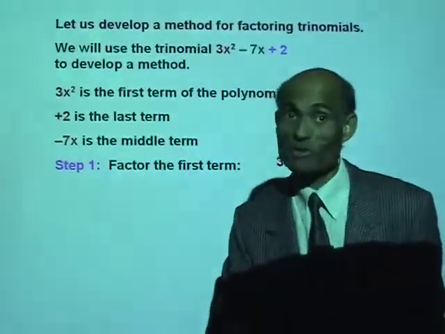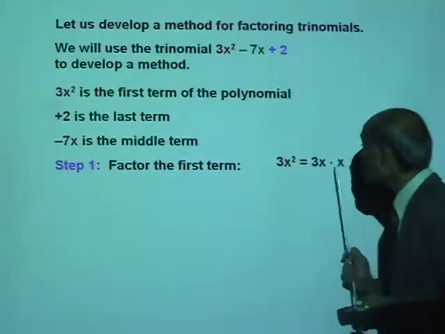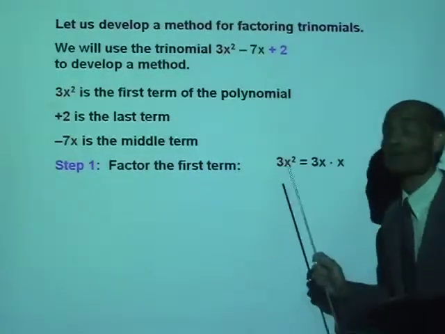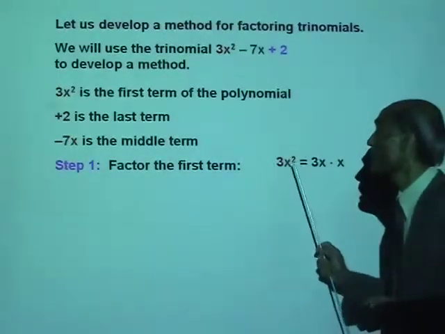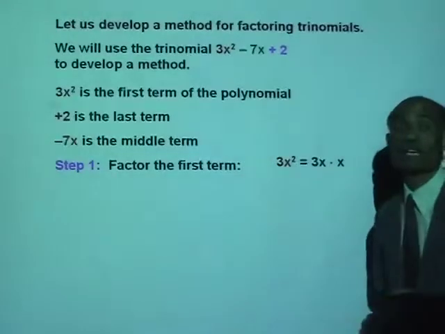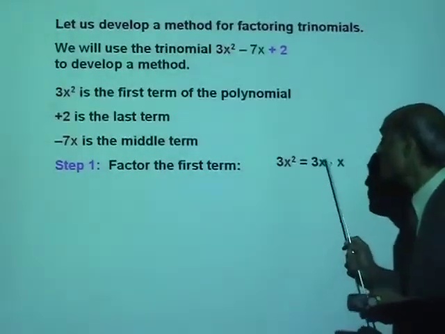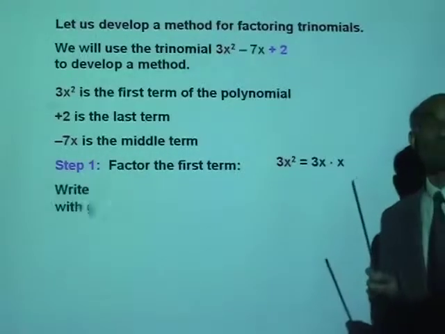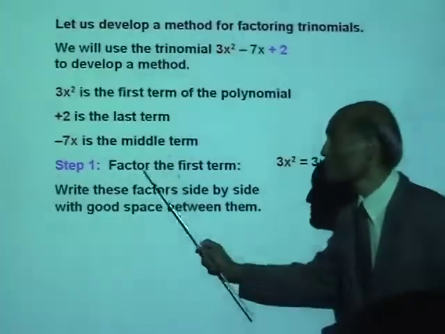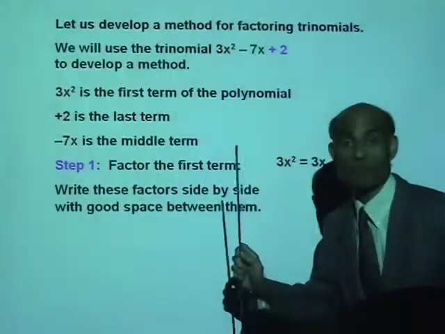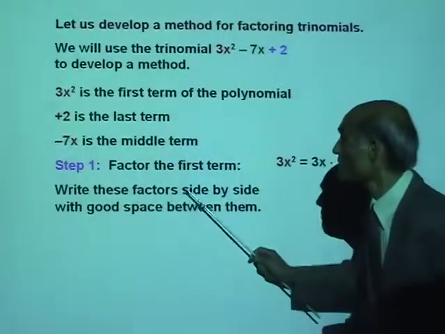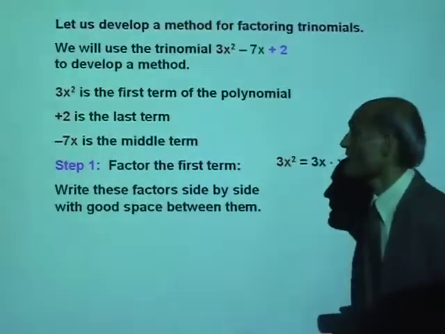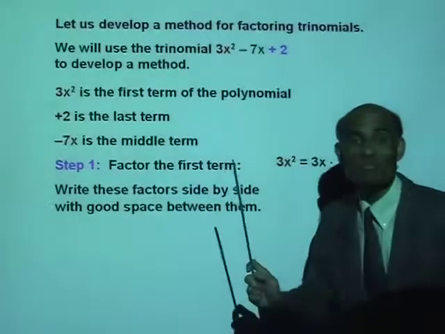Well, that is a possibility. But this is the most common way we can factor 3x squared. So 3x squared is factored as 3x multiplied by x. Now, in this step 1, watch this carefully. Write these factors side by side with good space between them.